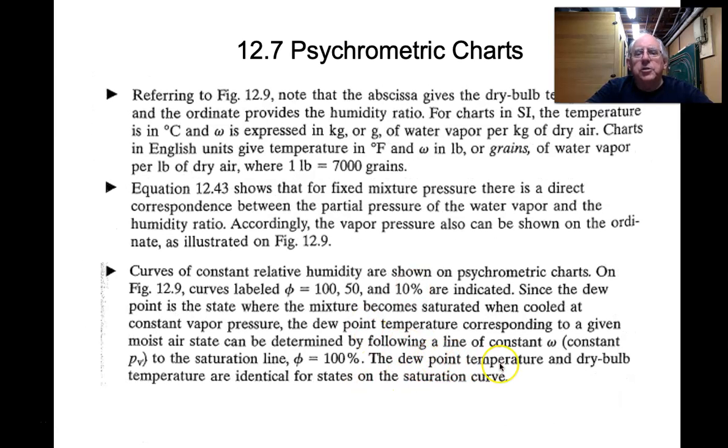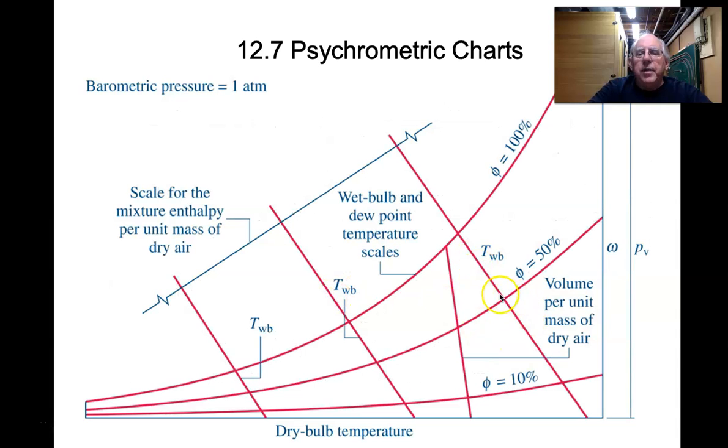Okay, it also talks about the dew point temperature. I didn't mention that here, but if you are at a given point, let's say right here, and you were to change the dry bulb temperature, you were to cool down the fluid without changing the amount of moisture, you would follow a constant omega line from this point.